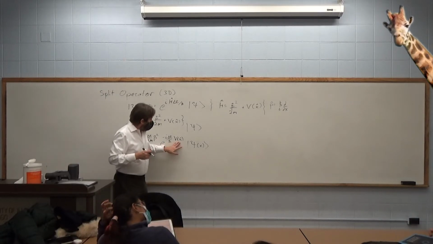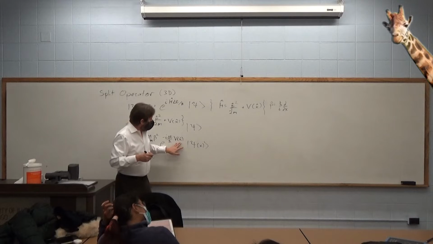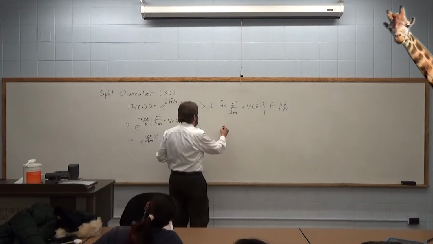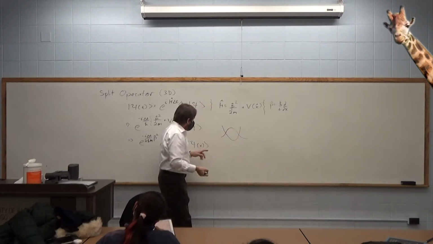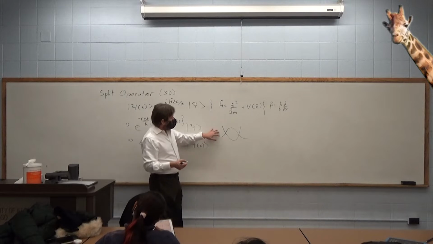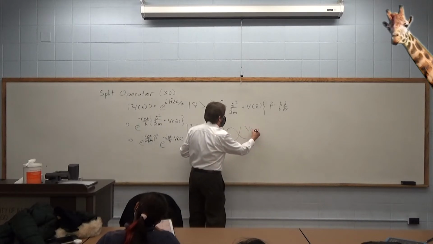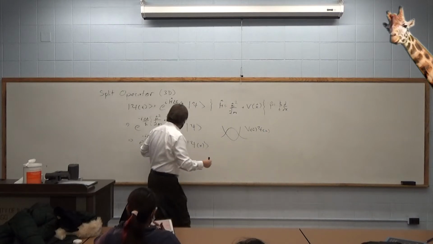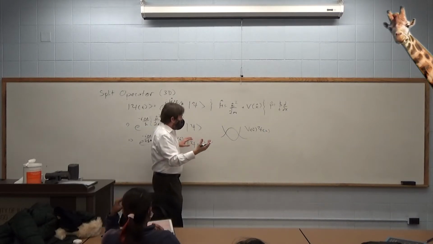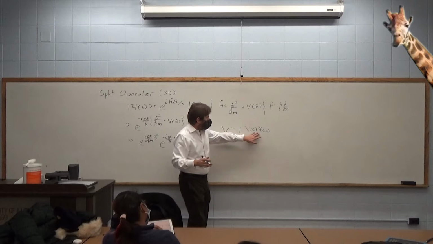Okay, now potential energy times wave function. You know the way that works, by the way, I'll exaggerate this. If you have this, and you have e to the i potential, but let's not worry about that.